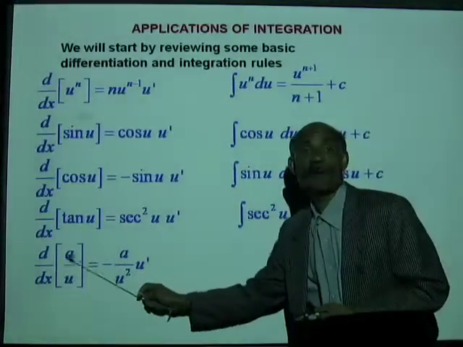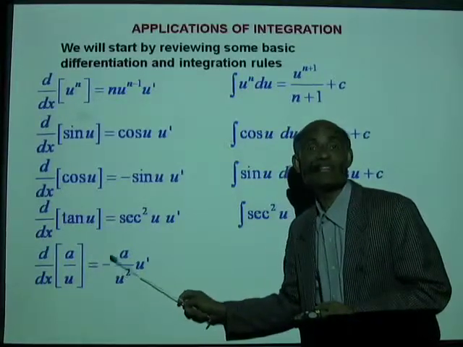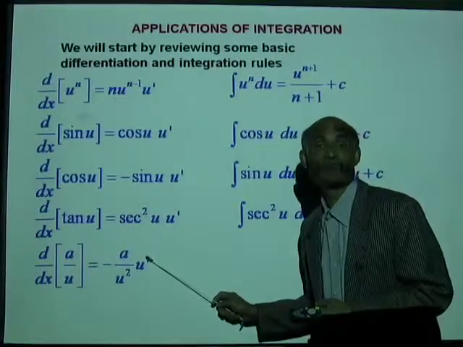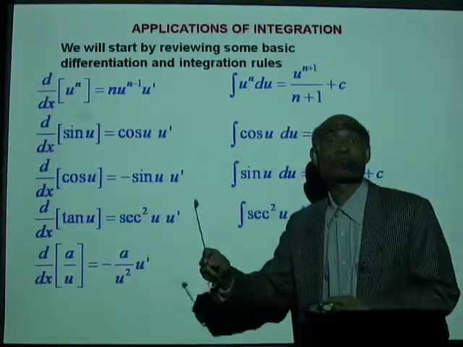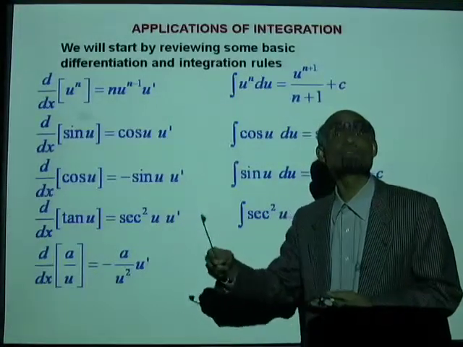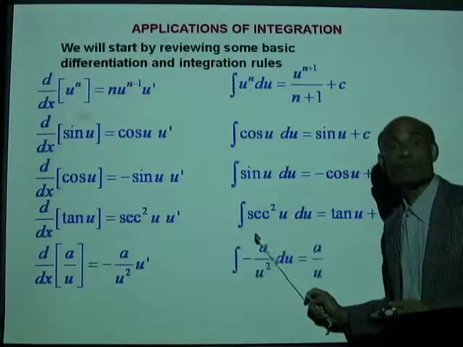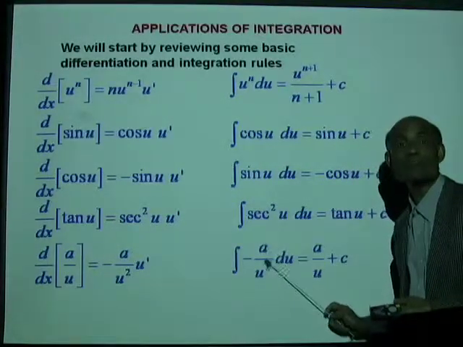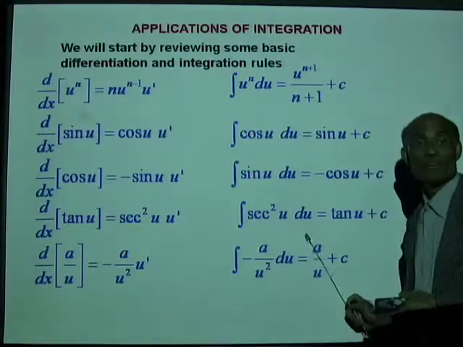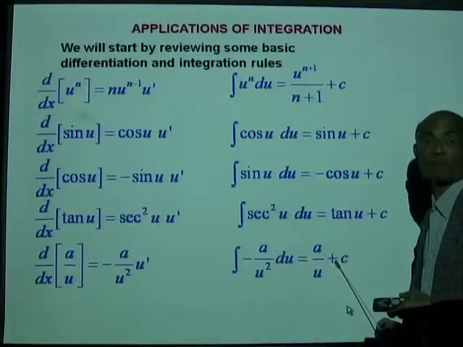The derivative of a over u is negative a over u squared times u prime. You see that? The derivative of a over x is negative a over x squared. Therefore, what is the integral of negative a over u squared du? It will be a over u plus c.